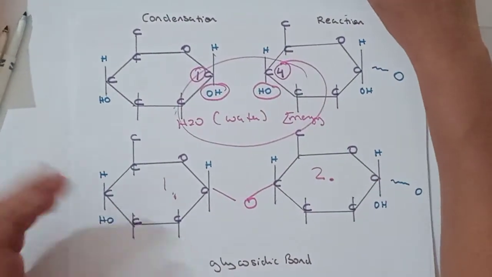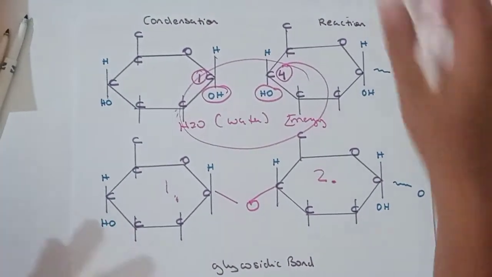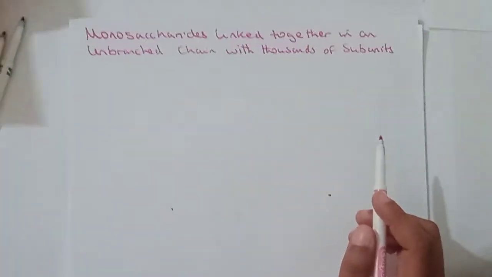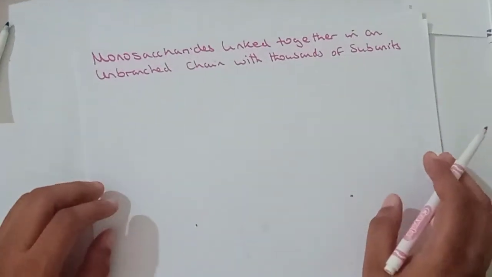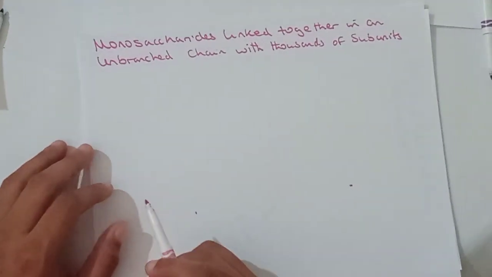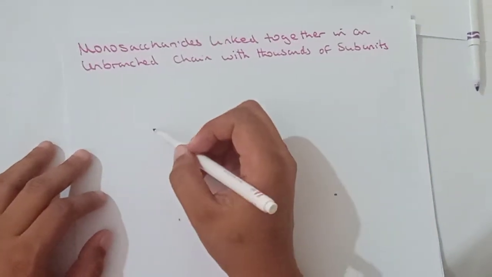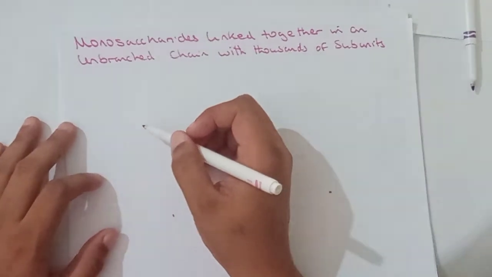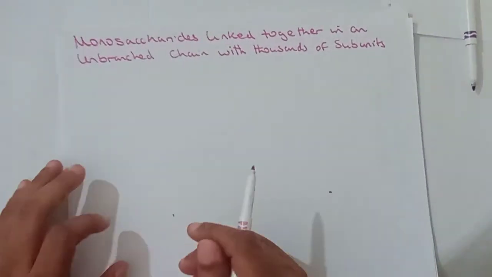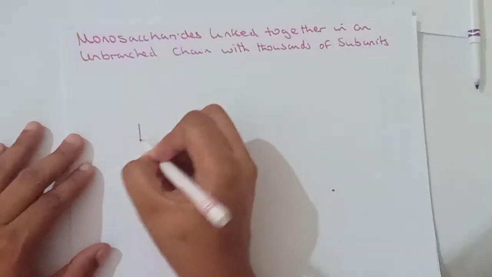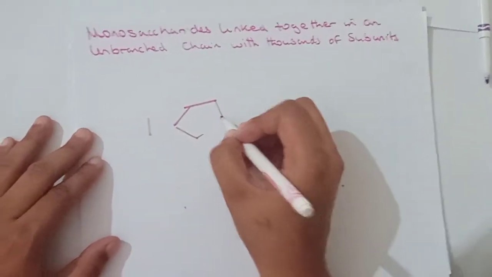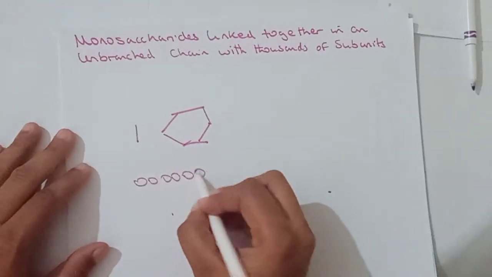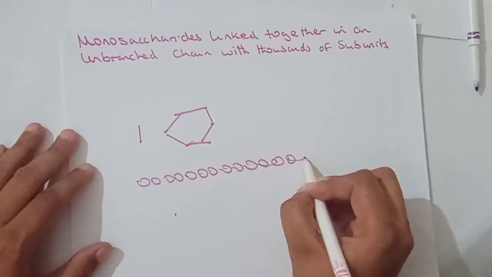We basically form a disaccharide first, and we add a couple more of these alpha-D-glucopyranose units, exceeding 20 with more than 20 bonds. This carbohydrate is referred to as a polysaccharide. So now we can say amylose is a polysaccharide, and it is a homopolysaccharide because it contains only one monosaccharide linked together in an unbranched chain of thousands of subunits.